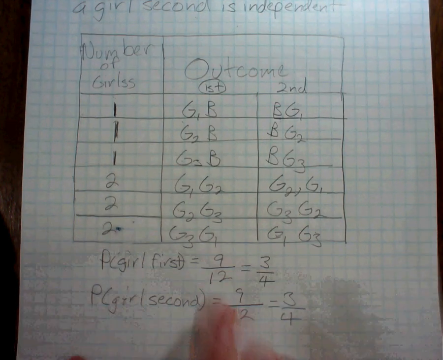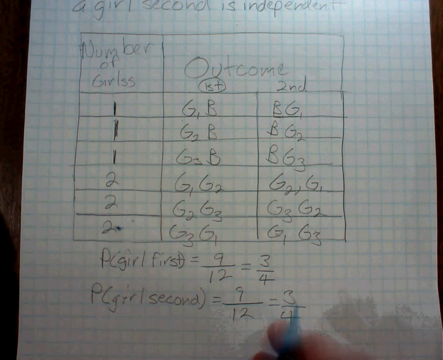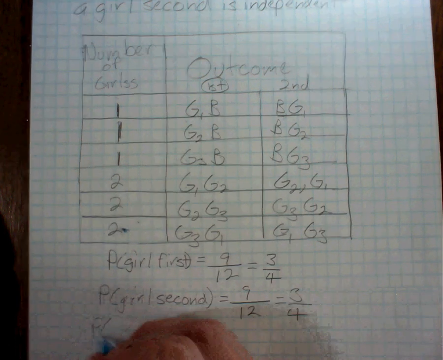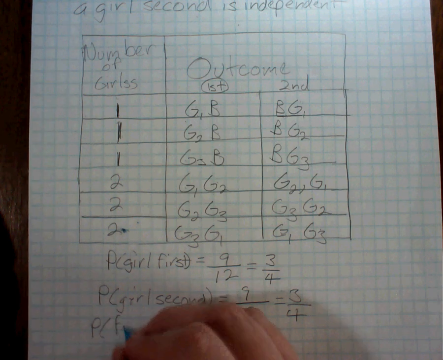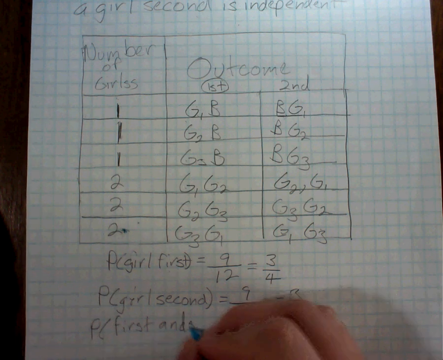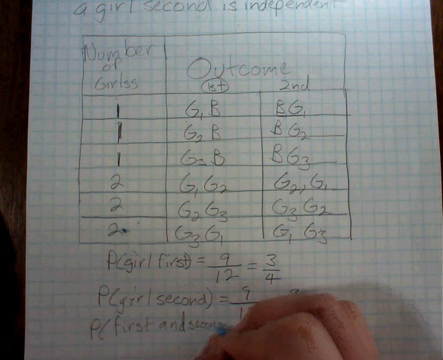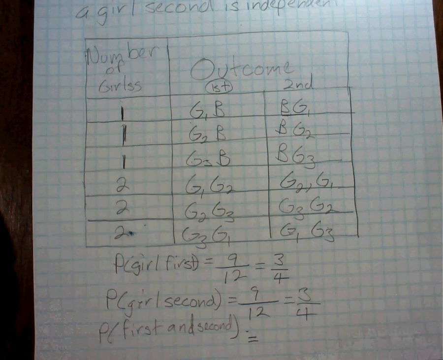So I have these two probabilities, and then what I need to determine is the probability of selecting the first and second being a girl. Okay?